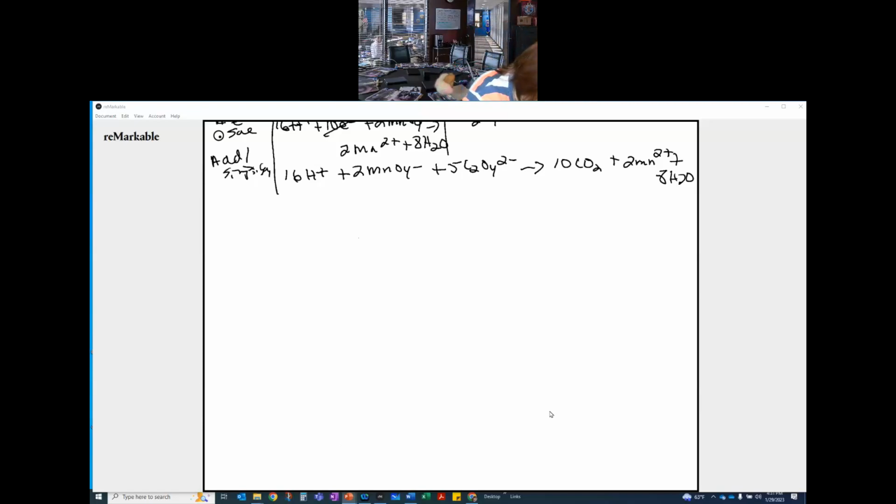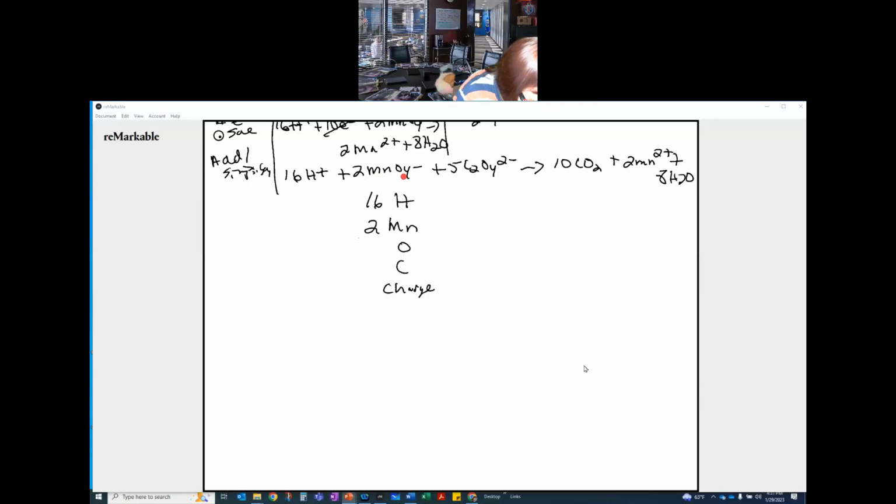But I do want to check, did I get this right? So H, Mn, O, C, and then charge. I see 16H plus in my reactants, so I write 16. And I always do all of the reactants and then do the products because I don't want to influence my counts. So my Mn, I have 2 Mn.